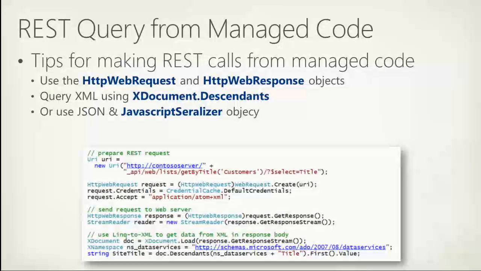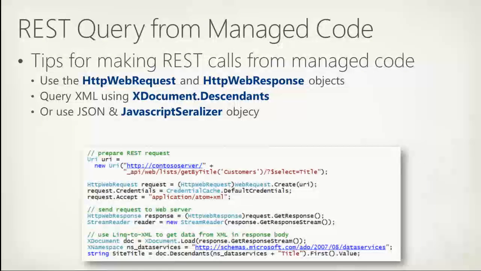If you haven't used HttpWebRequest in C# or VB.NET, it's time to start using it. It just adds a couple of benefits over the standard WebRequest object. So I can set my credentials in the case where I just want to use user authentication to call in. That would not be what you do in an app that uses app authentication. But now we can set our accept header inside there.